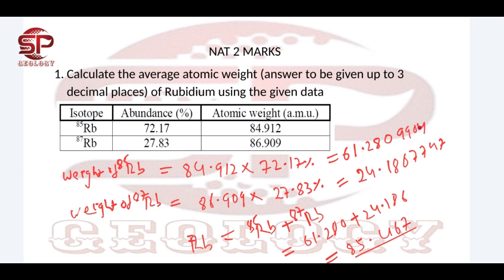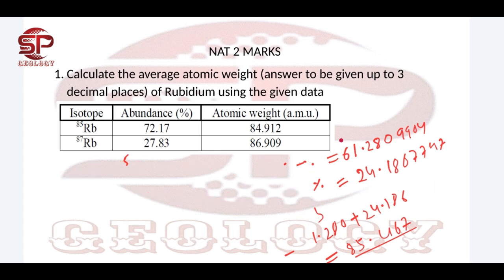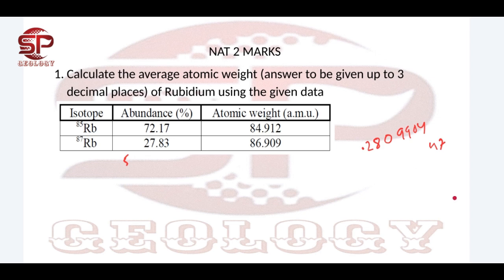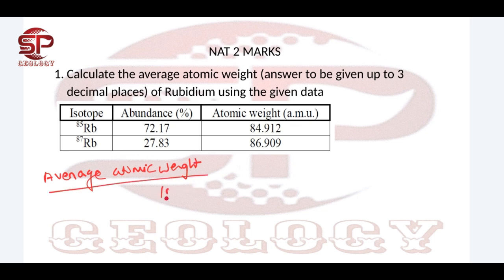So how will we calculate the average atomic weight? You can write this down also: average atomic weight equals isotopic abundance into atomic weight.